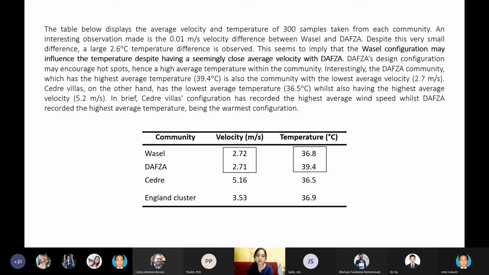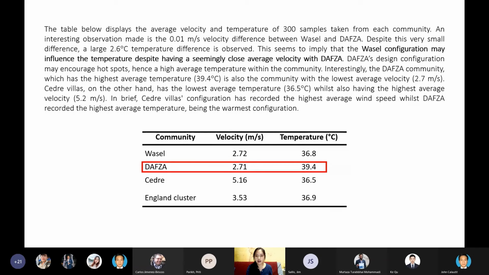Although they have the same velocity, there is still quite a high gap in temperature, around 2.6 degrees Celsius, which might be because of Wasel's configuration. It may have influenced its relatively low temperature, and it may also have to do with how it was designed to allow proper ventilation to encourage heat removal.